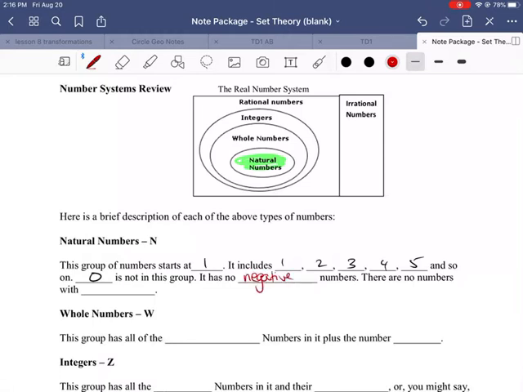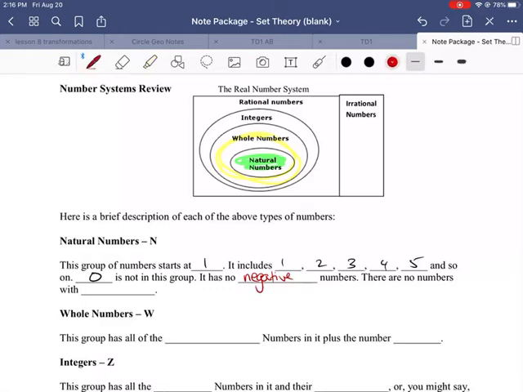All right, so if you're thinking about the number line here, it's starting at 1, 2, and it's going up, counting numbers.